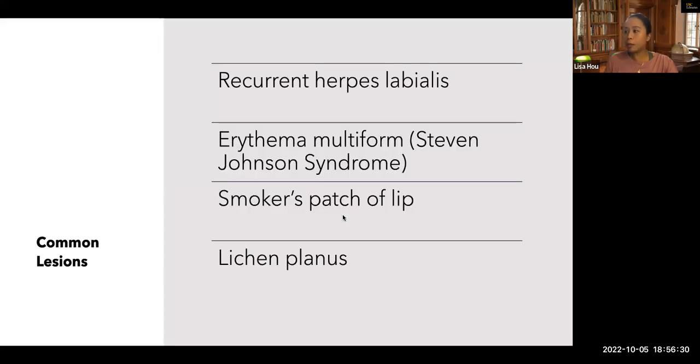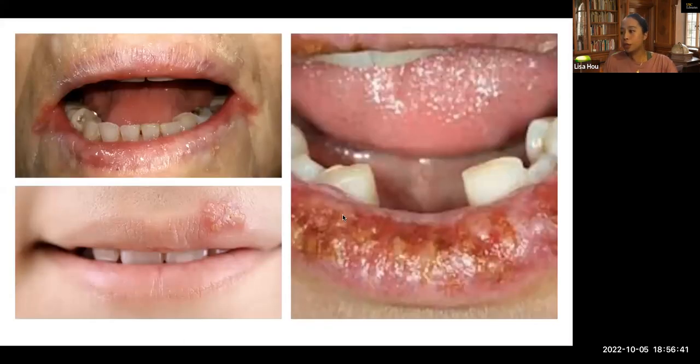Some of the more common lesions you'll be seeing are herpes labialis, erythema multiforme, smoker's patch of the lip, and sometimes lichen planus as well. So here are some pictures. The top picture is angular cheilitis, which is inflammation at the corner of your mouth. It can usually be caused by irritation, infection, or allergies.